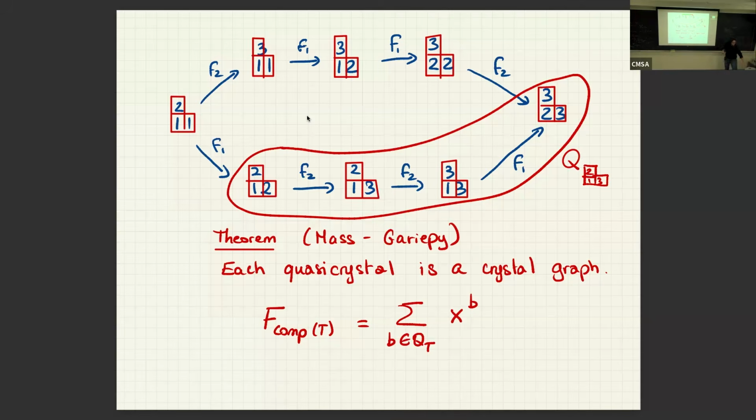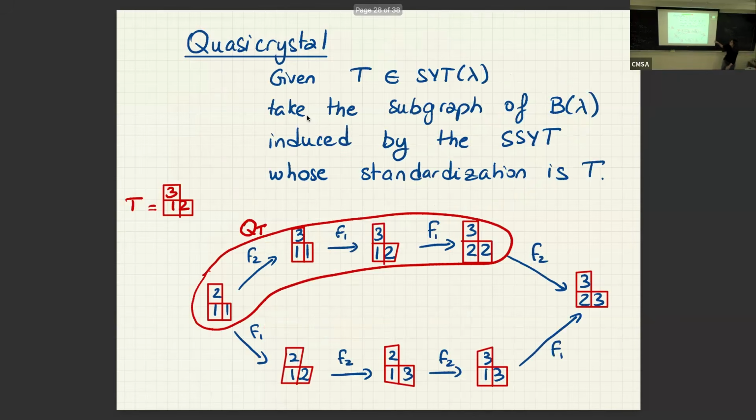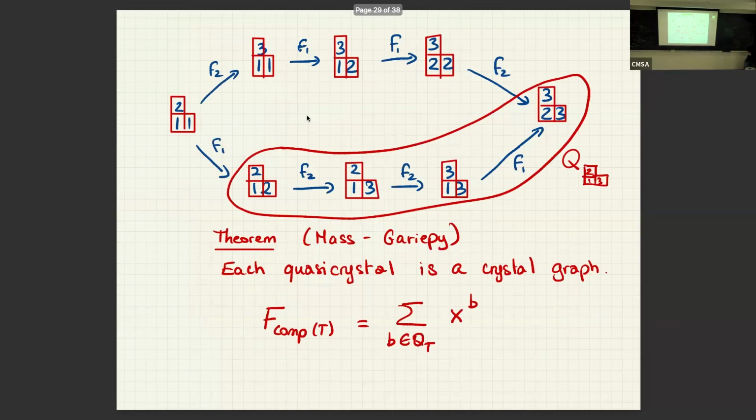Yes. For the quasi-crystal, I choose all the vertices that standardize to the same thing, and then I take the induced subgraph of the crystal on all these. So this would be one quasi-crystal, and this would be the other one.